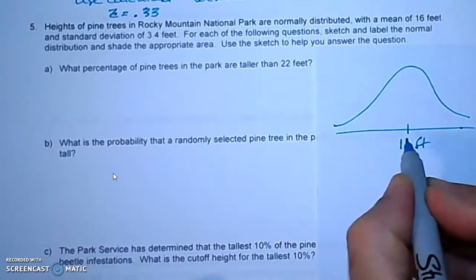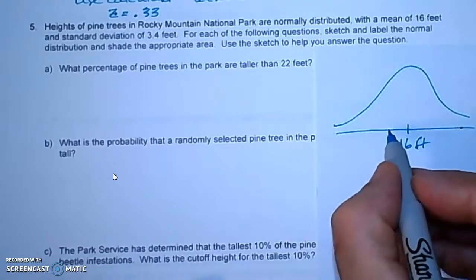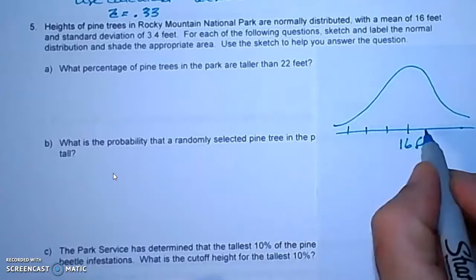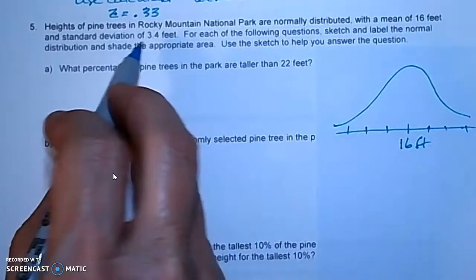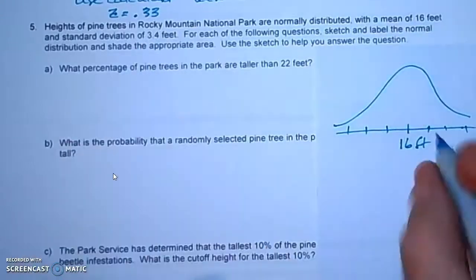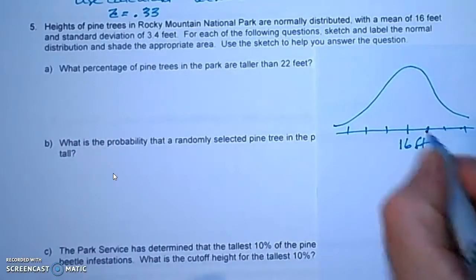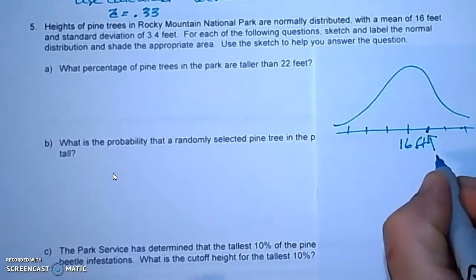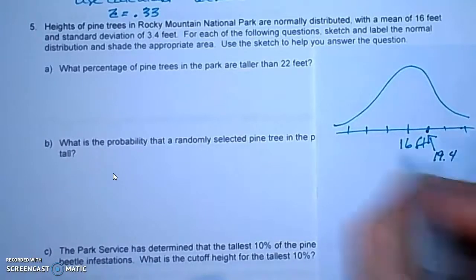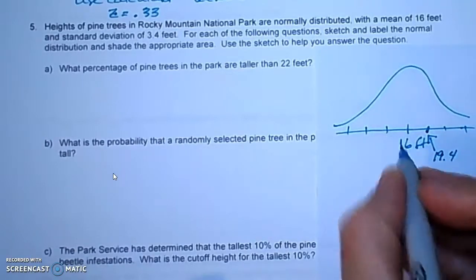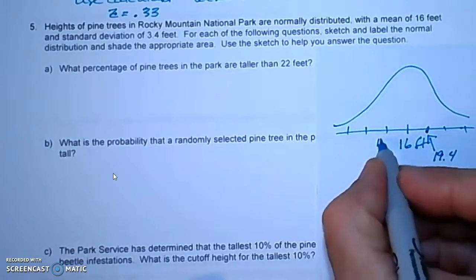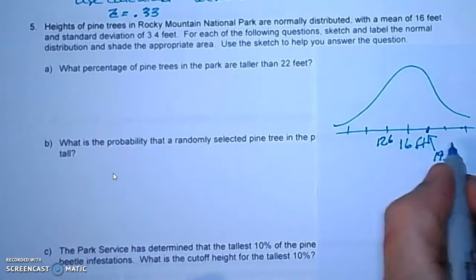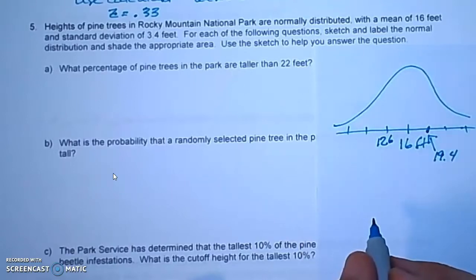This would be the mean, which would be 16 feet, and we could label some points along here. We could go up or down a certain number of standard deviations. Our standard deviation is 3.4, so for example, if we went up by 1 standard deviation, that value would be 19.4. If we went down by 1 standard deviation, that would be 16 minus 3.4, which would be 12.6. So we could go ahead and label the rest of these points if we wanted to.